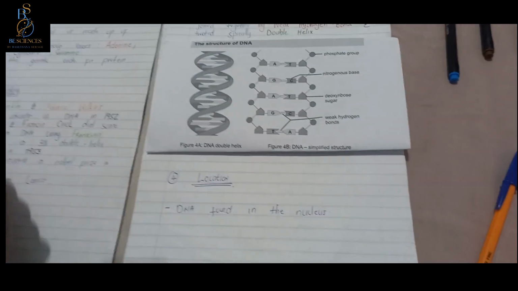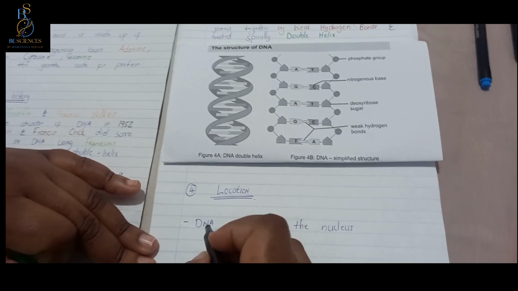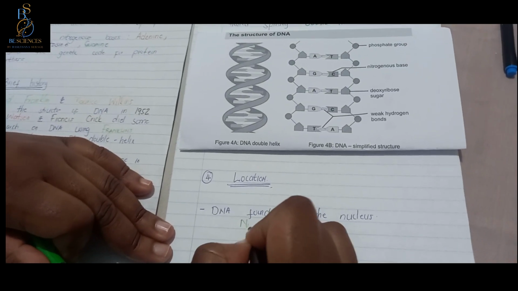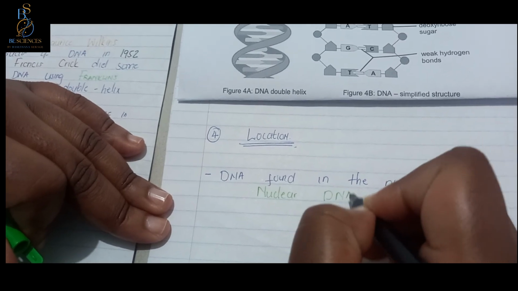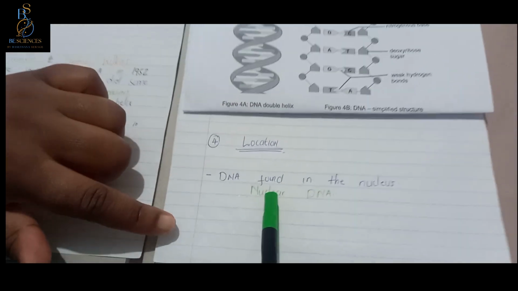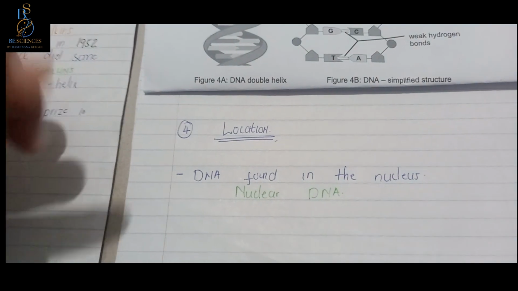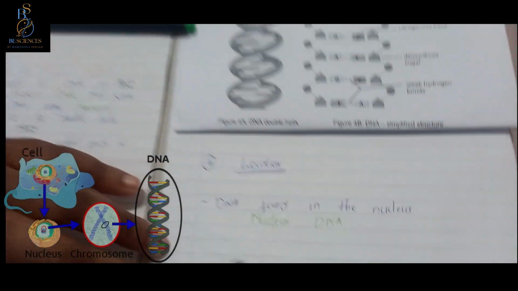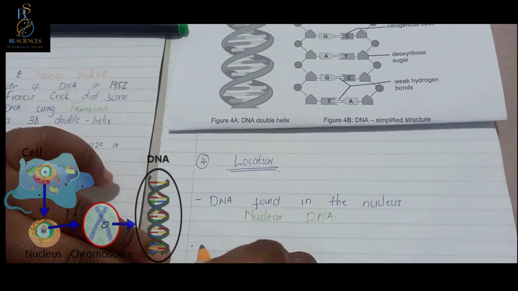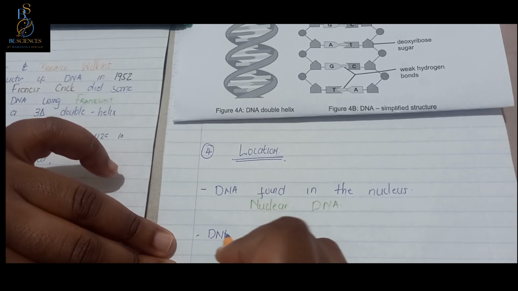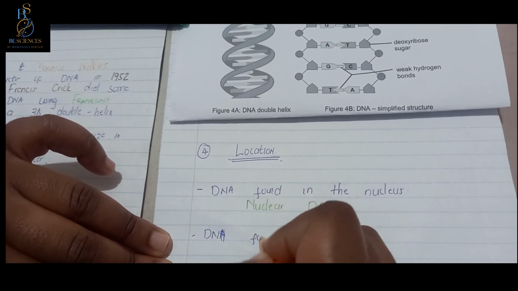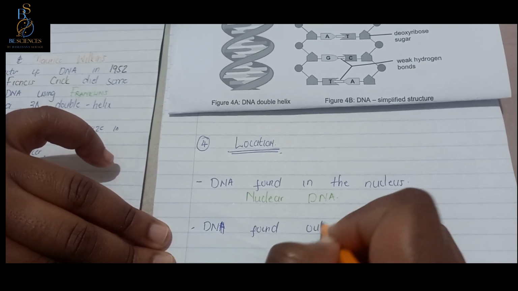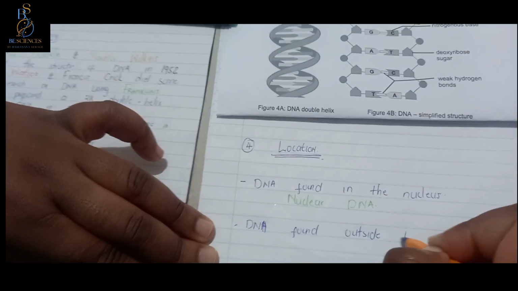And because it's found inside the nucleus, we refer to it as nuclear DNA. Okay, the word helps us remember there. Then we've got DNA found outside the nucleus.